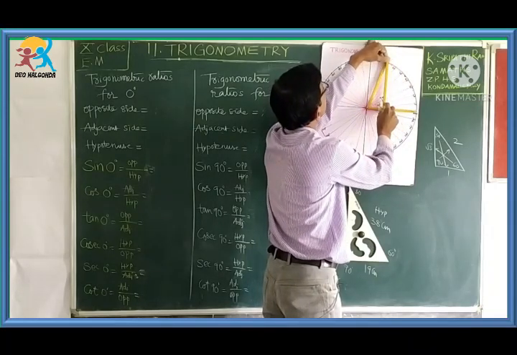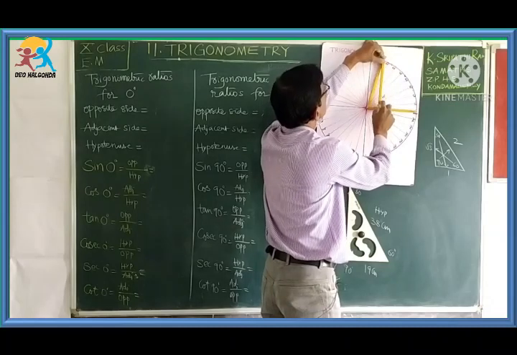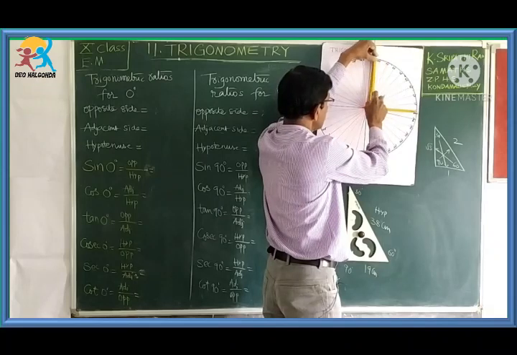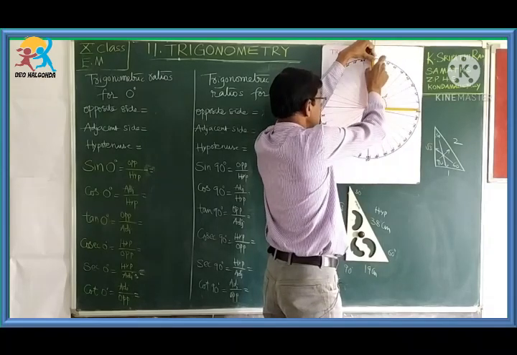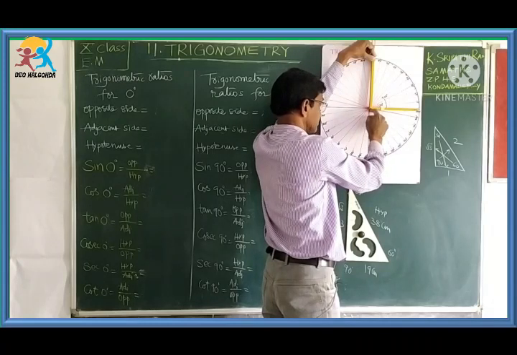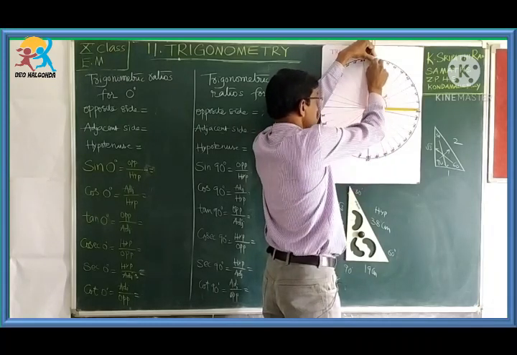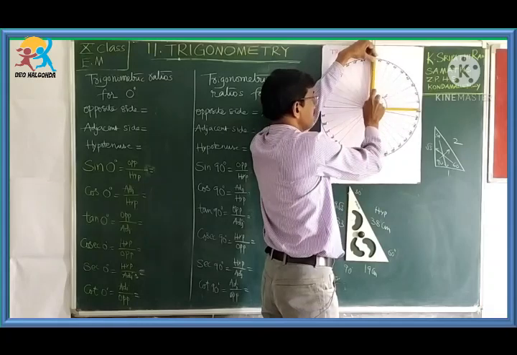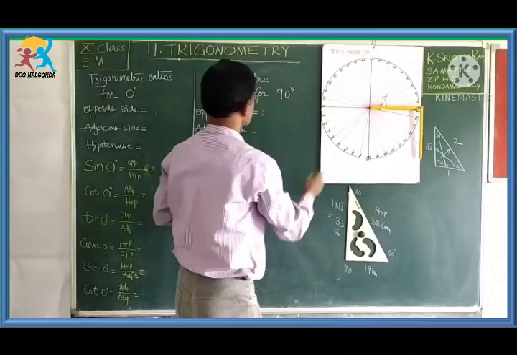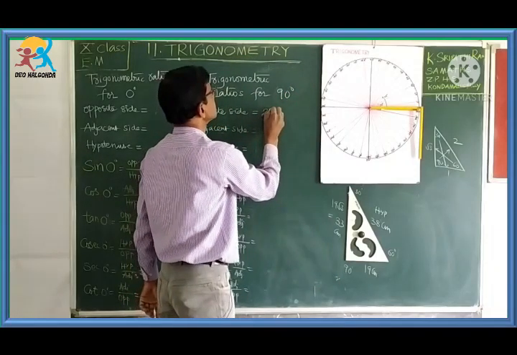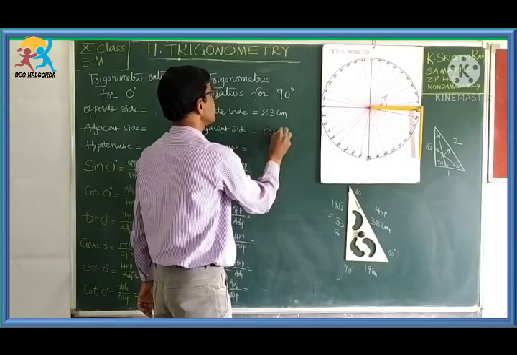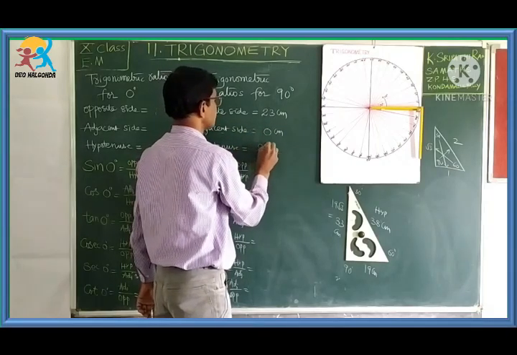If I increase the angle still more, the opposite side becomes equal to the hypotenuse and the adjacent side is 0. When the angle is 90 degrees, the opposite side is 23 centimeters, the adjacent side is 0 centimeters, and the hypotenuse is 23.